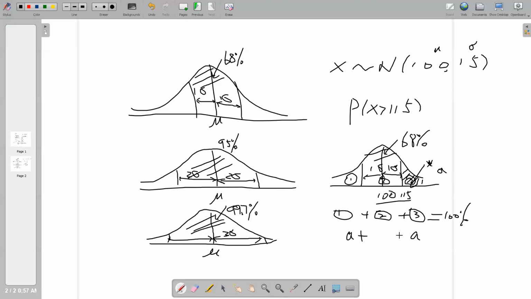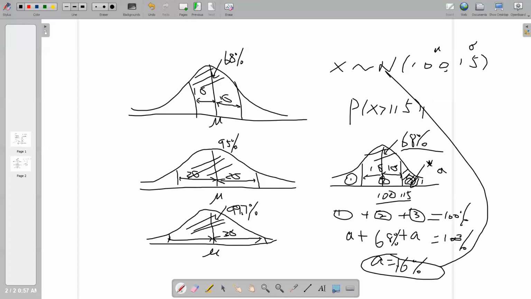A plus A is the probability of the two tails, and that's 100% minus 68% by the rule. So then we just need to solve a simple equation to figure out the probability of interest is 16%. And that's the answer, right?